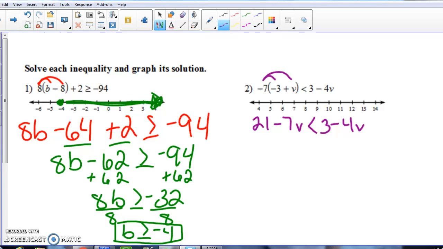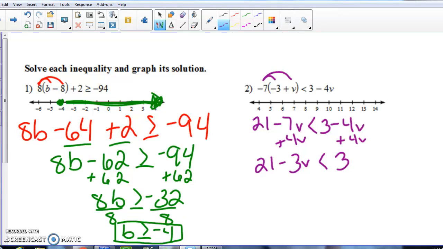It still follows my normal rules of solving equations, but I've got to deal with those variables first. So technically it doesn't matter which side I bring the variable to, but I normally like my variables on the left. So the first thing I'm going to do is bring that negative 4b to the left-hand side. Because it's negative, in order to get it there, I'm going to have to add 4b to both sides. So that leaves me with 21 minus 3b is less than 3.